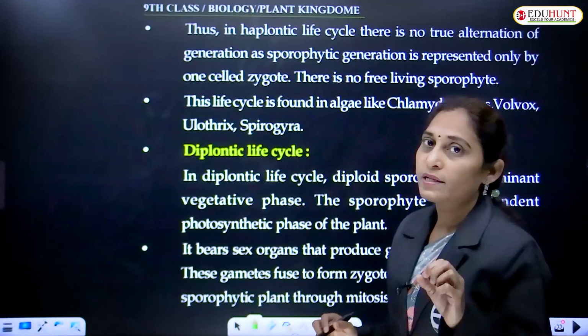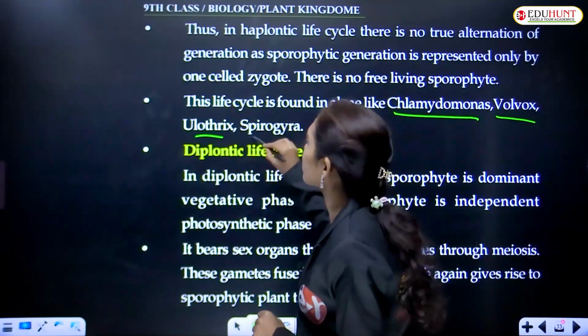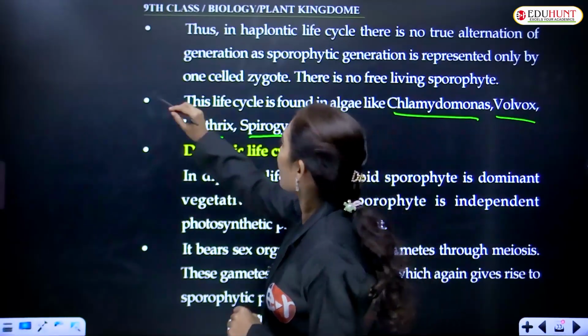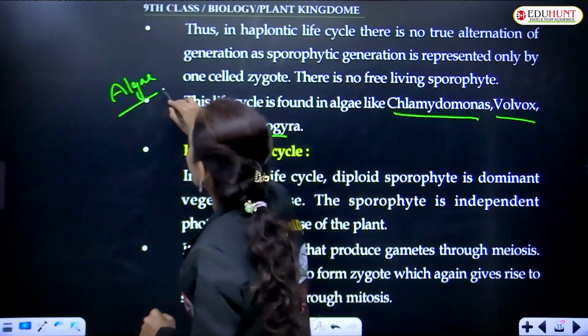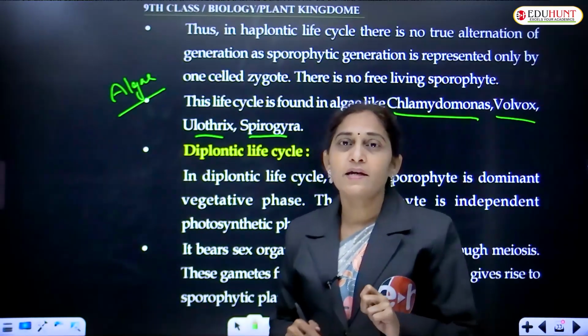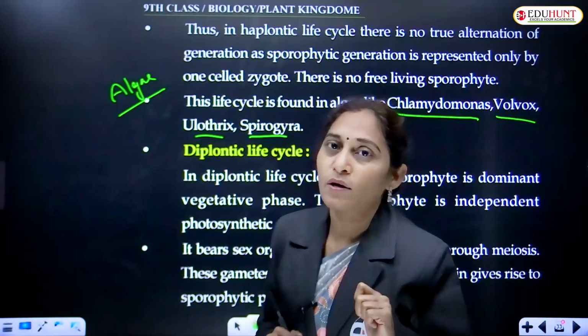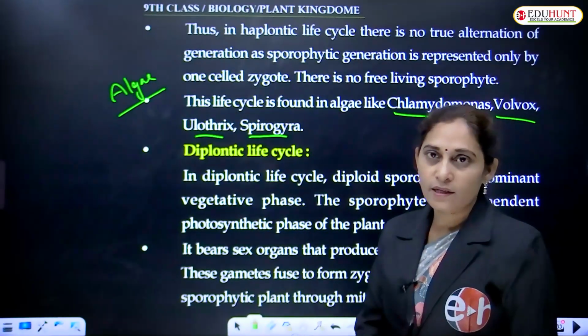Examples are Chlamydomonas, Volvox, Ulothrix and Spirogyra. Don't forget, these are algal forms. In algae, the life cycle seen is the haplontic life cycle. In the next class, we'll see what a diplontic life cycle is.